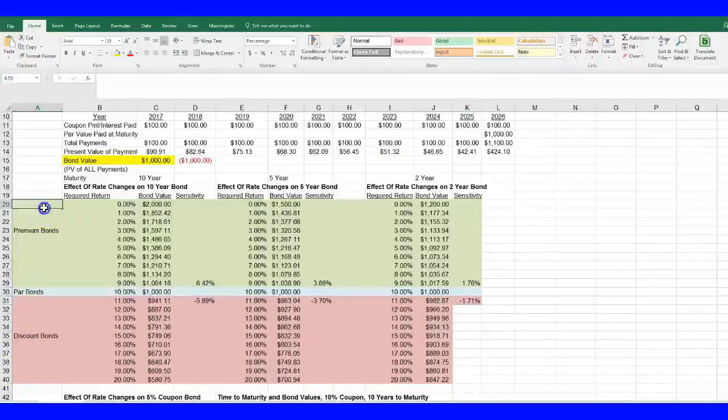And we call bonds that sell above $1,000 premium bonds. Premium bonds are also bonds whose yield to maturity is less than the coupon interest rate. And discount bonds are bonds that have a price less than $1,000, and required yield to maturities or required returns greater than the coupon interest rate. We refer to those again as discount bonds.